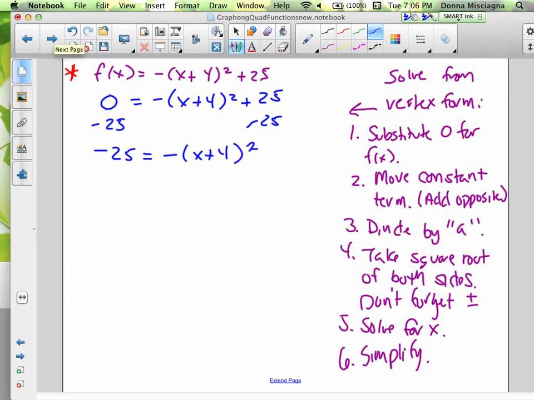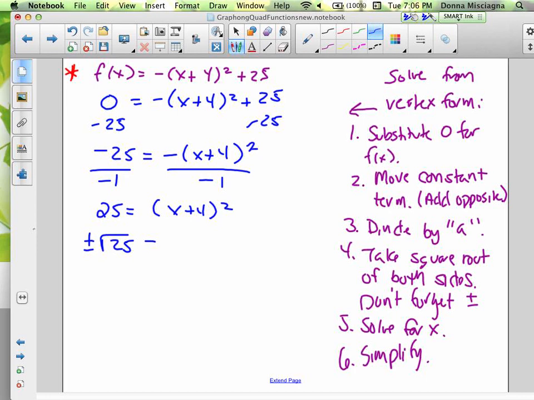Now we have to divide by a, because we have to isolate the something squared, and the something squared is not isolated yet. Now we have 25 equals x plus 4 squared. Right, and so now we can take a square root. Don't forget the plus or minus by the 25, because there are two numbers that when you square them you get 25.